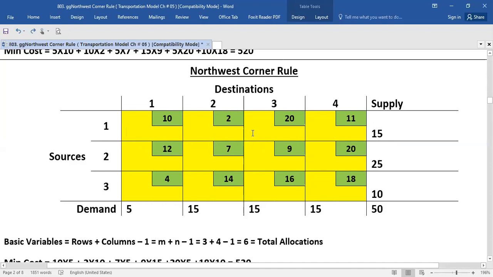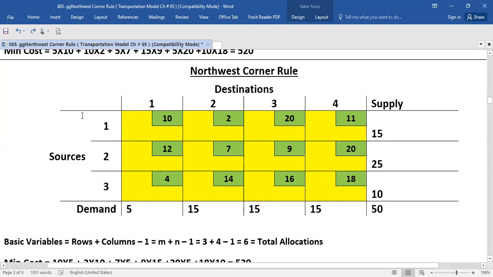On the next cell, the demand is 15 and the supply is 15. On the next, the demand is 15 and the supply is 25. Moving to the first cell, the demand is 5 and the supply is 15. As I told you in my previous lecture, you will check which one is minimum. The demand is minimum, so you will allocate 5 in this cell.